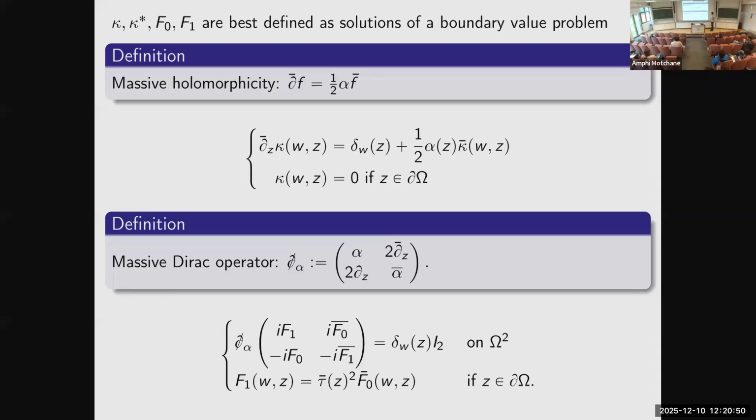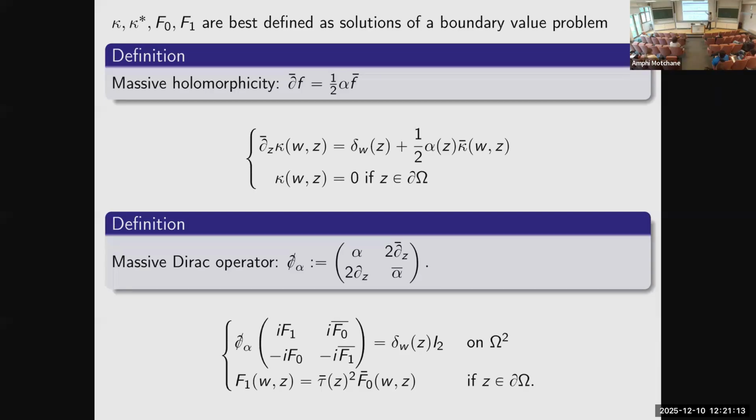For the f0 and f1 functions, I need to introduce the massive Dirac operator, which is this thing here. The Dirac operator would be the same thing, but with nothing on the diagonal. But now I am in a massive theory, so I put the alpha and alpha bar on the diagonal.